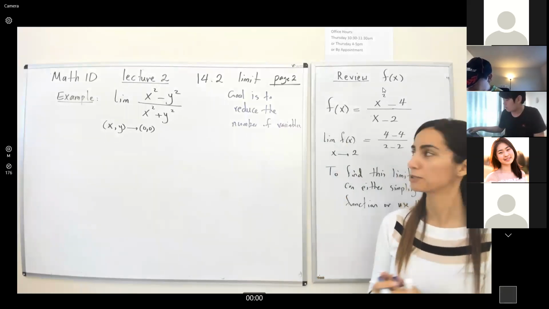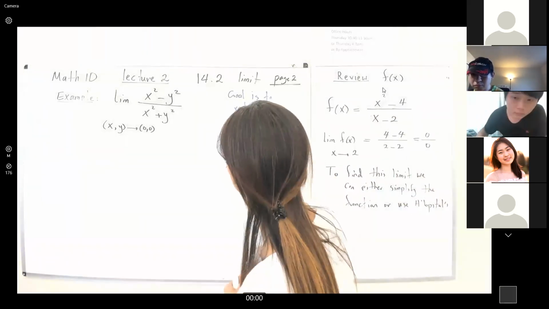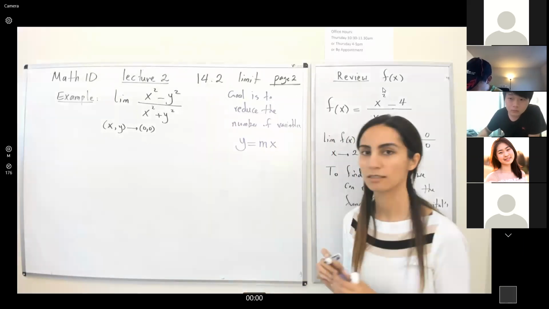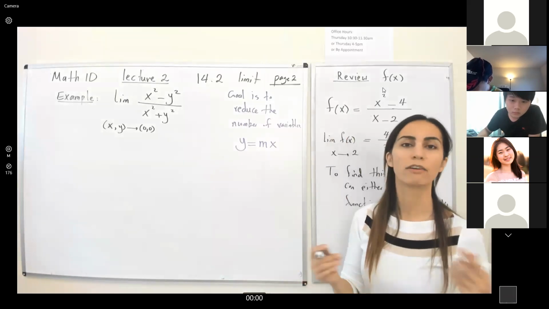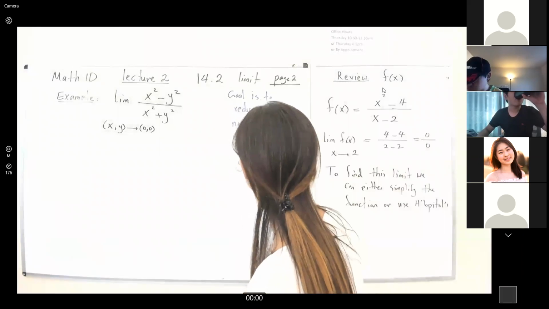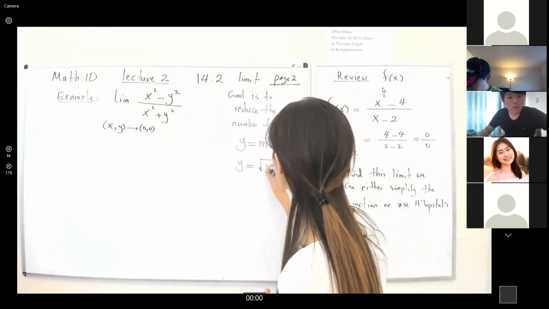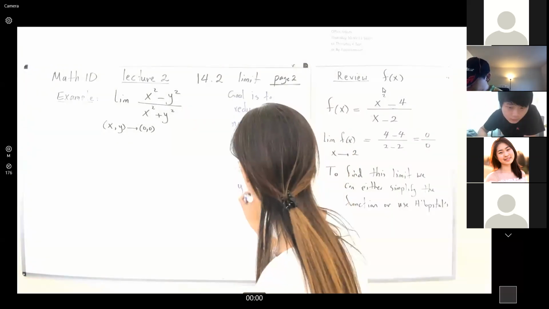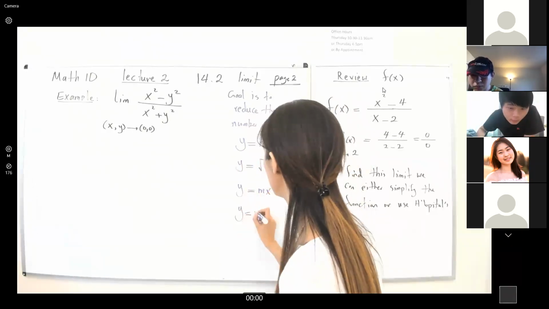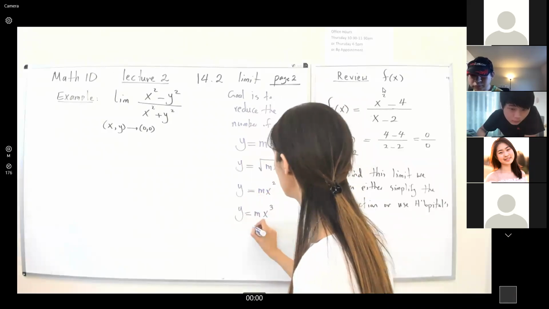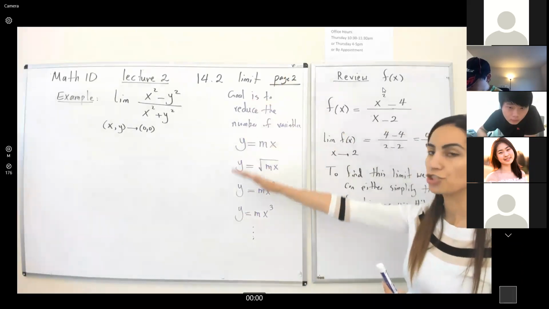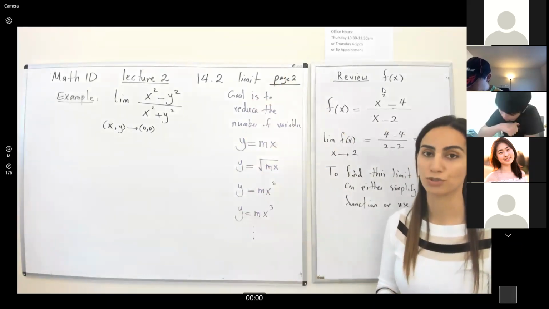So what we're going to do here, we're going to use lines or functions that have variable x in them, like y equals mx, the equation of a random line. Or we can use y equals square root of mx, y equals mx squared, y equals mx cubed, and so on. This is the general technique that we are using.